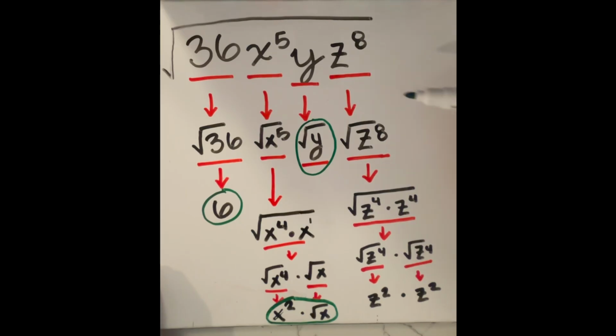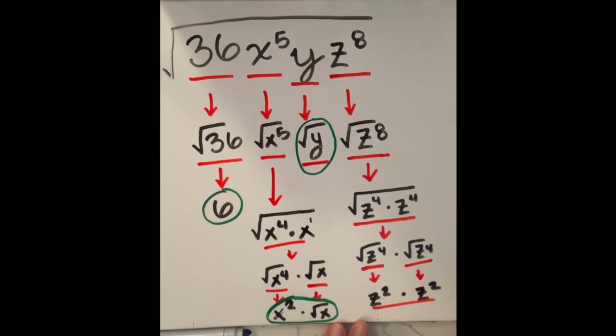And then for our last term, which was the square root of z raised to the power of 8, we get z squared times z squared, which we could simplify or rewrite, once again following our rules of exponents.